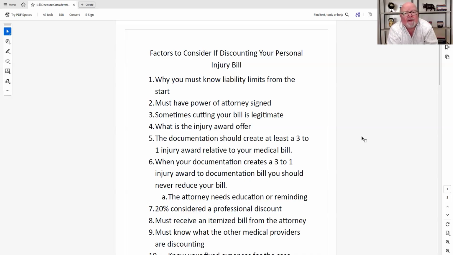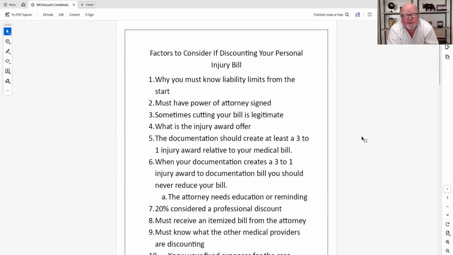Number two, did we get a 3-to-1 injury award or better? Now that usually requires an impairment. There's usually not going to be a 3-to-1 if there's no impairment, and that's usually because the doctor's bill is too big. It's just a blown up bill. That's usually why. And then just take what you can and go from there, so to speak.